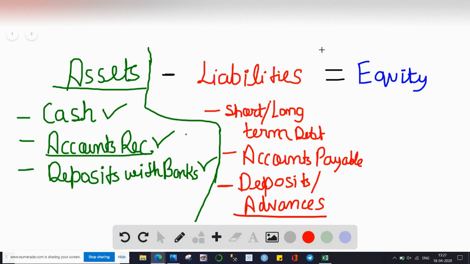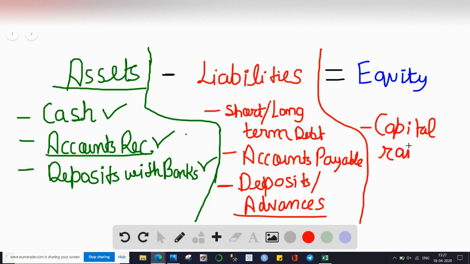And equity, we will mostly consider as of now capital, capital raised. We will discuss it in great detail when we face these terms.